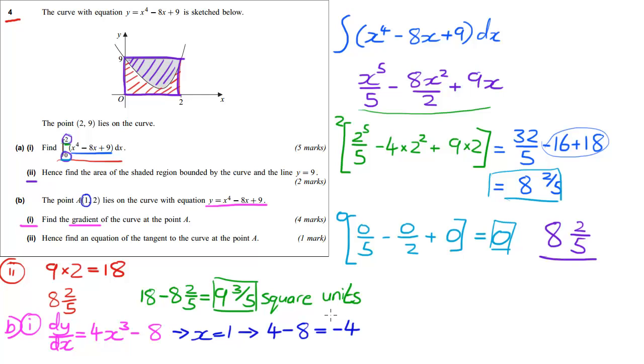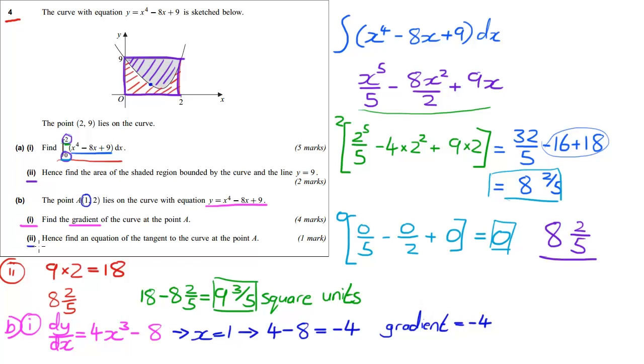So minus 4 is going to be our gradient in this situation. So you just write down gradient equals minus 4. At that point is somewhere around here, I'm guessing, and then you have that there.